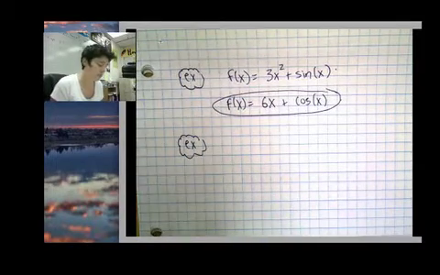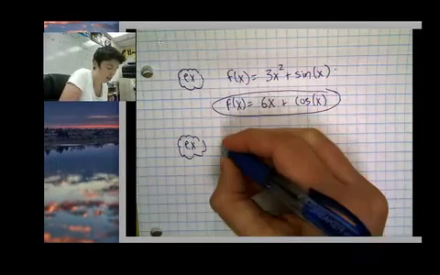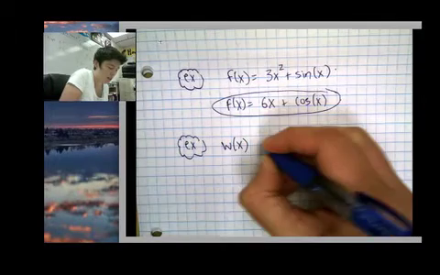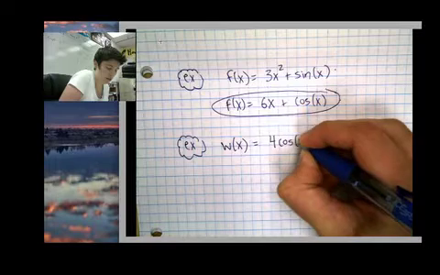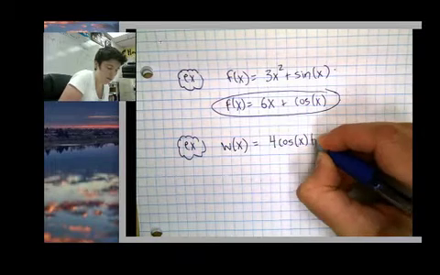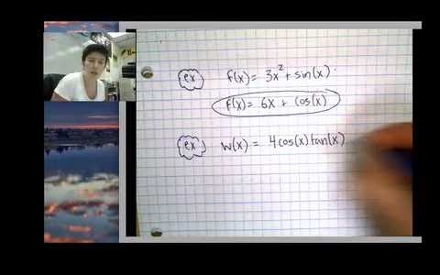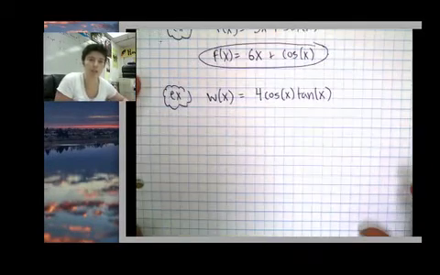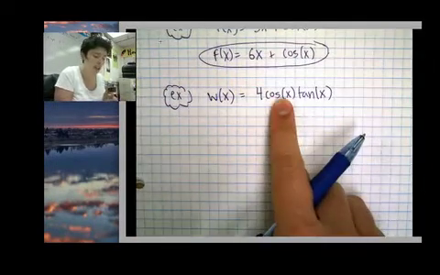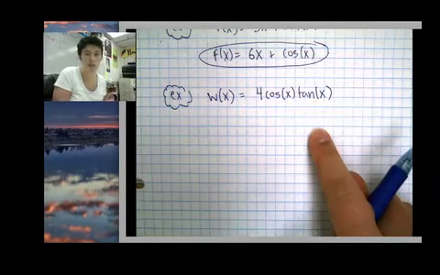So let's say you get something like w of x equals 4 cosine of x tangent of x. You can't go directly to your memorized rules on this one. You can't just say, oh yeah, cosine is negative sine and tangent is secant squared.